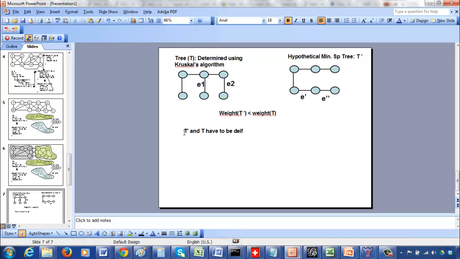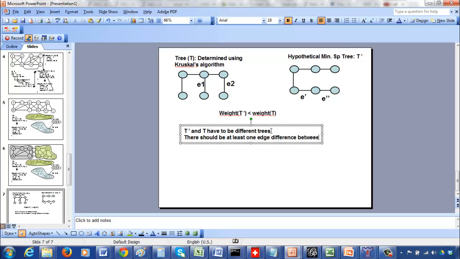If they are the same tree, then the weights will be the same, right? So T prime and T have to be different trees, which means there should be at least one edge difference between the two trees.